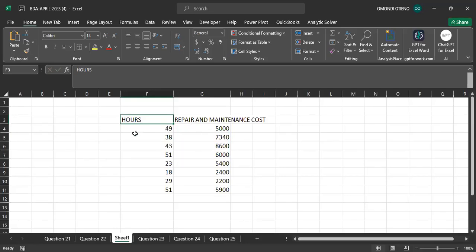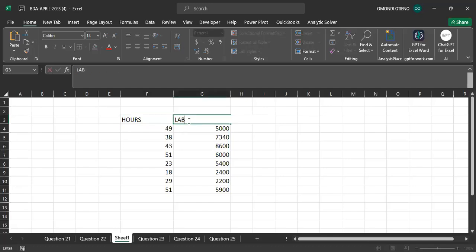If you want to look at maybe the cost of running online classes, we look at labor cost, and then we compare that against number of lessons or class hours.